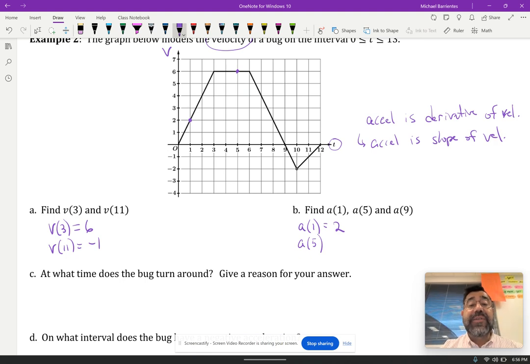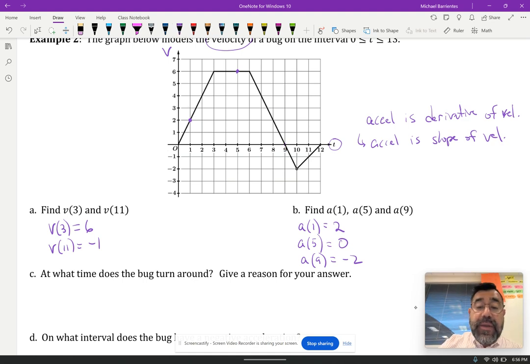Well, that segment is horizontal, so A of 5 is 0. And then finally, A of 9 is right here. When I look at this part of the graph, it looks like it goes 2 down, 1 over. So this would be negative 2.